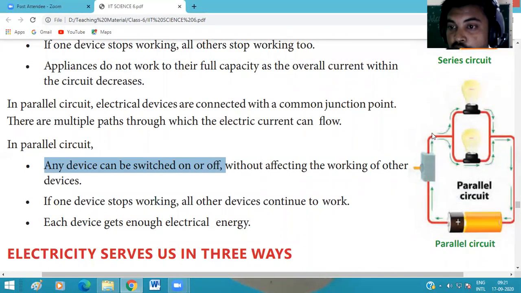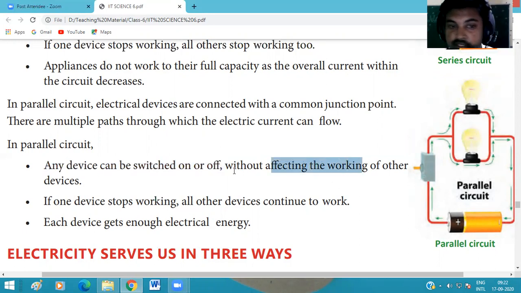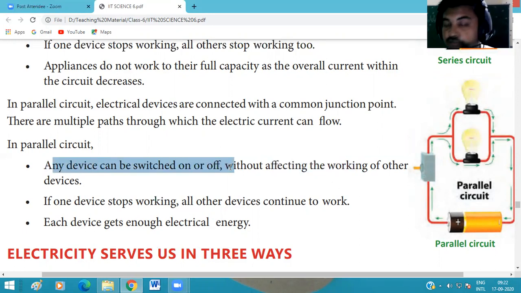Obviously it works, because both have different connections. So if one unit is defective or a device is fused, it does not affect the function of the other devices or the other bulb. So any device can be switched off or on without affecting the others.